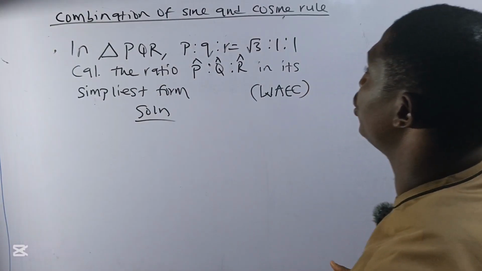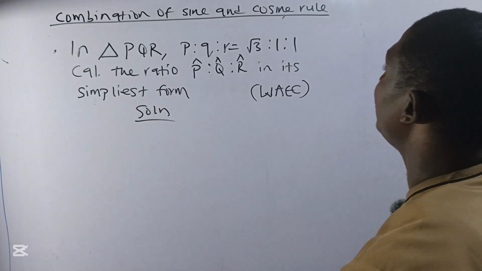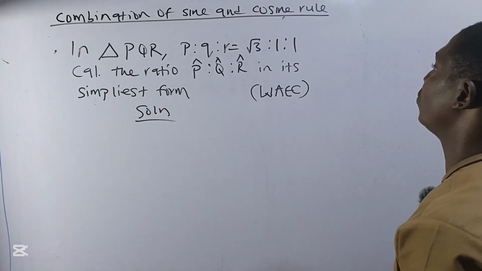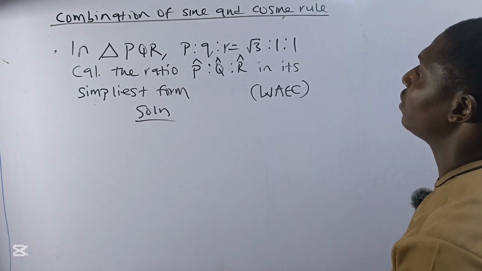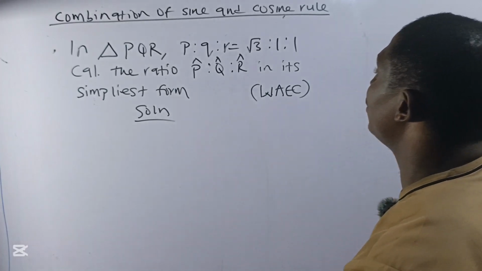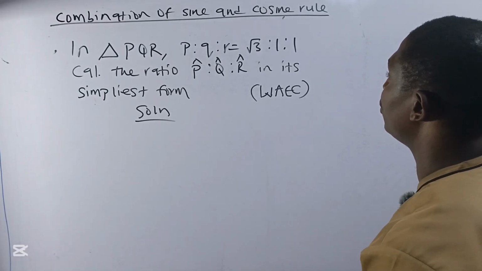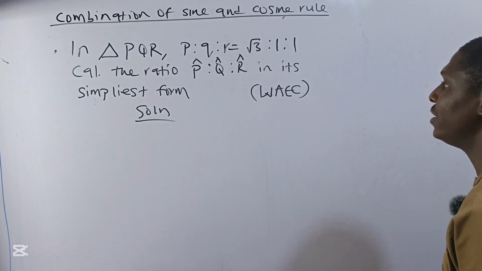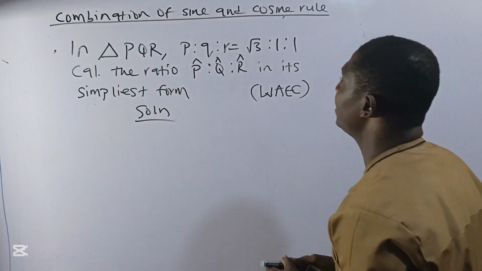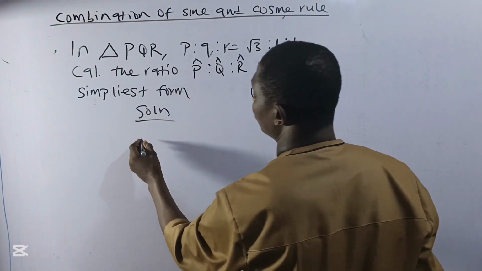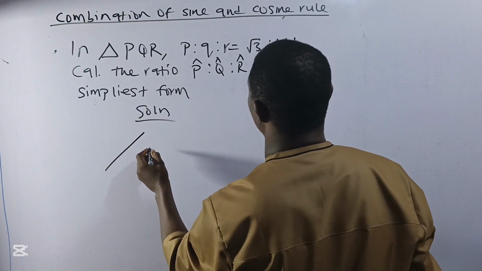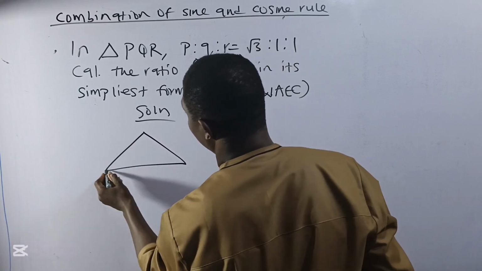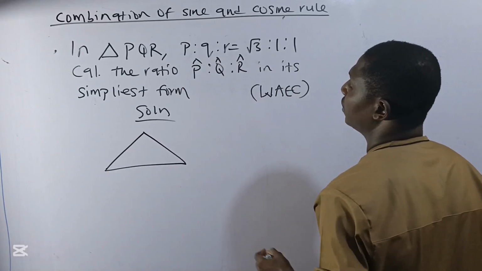We have in triangle PQR, P ratio Q ratio R is equal to root 3 ratio 1 ratio 1. We are asked to calculate the ratio angle P ratio angle Q ratio angle R in its simplest form. Now this is a triangle and PQR are the sides.